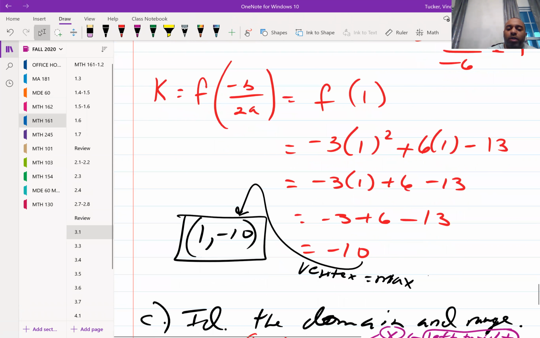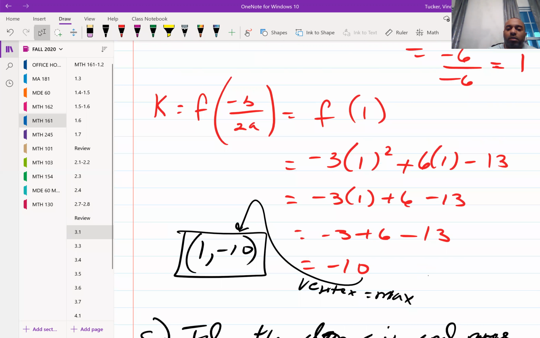And that coordinate would be (1, negative 10), excuse me. So just so I'm understanding this, we have a maximum because it's pointing down, right? Right. But if it opened upward, then that same vertex would be our minimum.